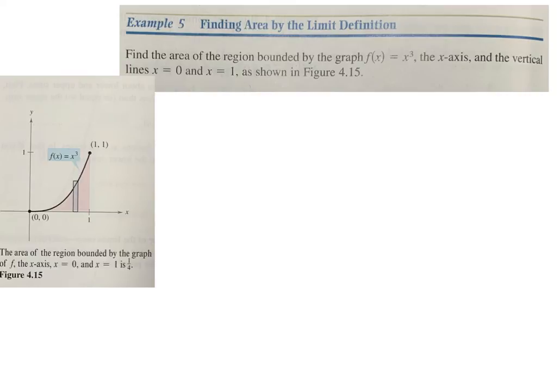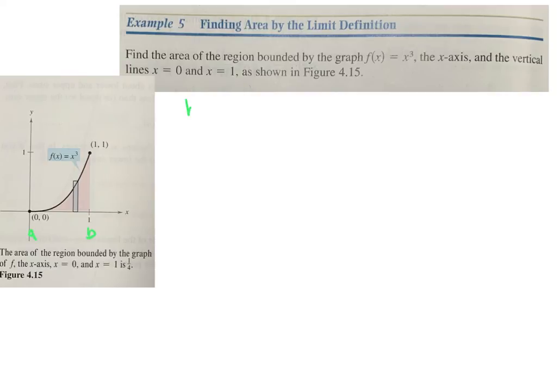It says, find the area of the region bounded by the graph f of x equals x cubed, the x-axis and the vertical lines 0 and 1. All right, so basically what they're telling us is, we want you to go from 0 to 1. I'm still going to say b minus a, so I have b is 1, a is 0, right?